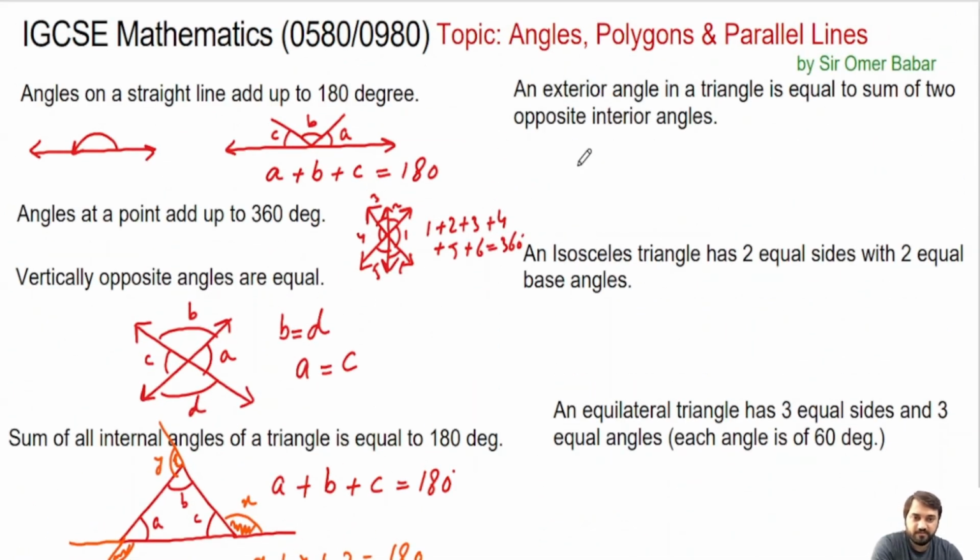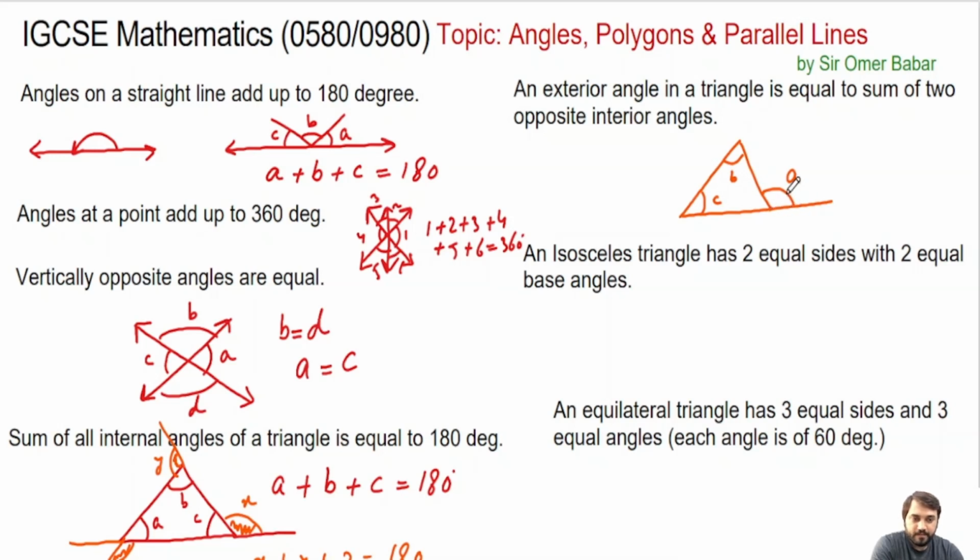Now moving towards our next point. The next point is an exterior angle in a triangle is equal to the sum of the two opposite interior angles. I'm going to draw a triangle here. Here is our triangle, and let's say this is an external angle A, and the two opposite internal angles are B and C. Just skip this vertex.